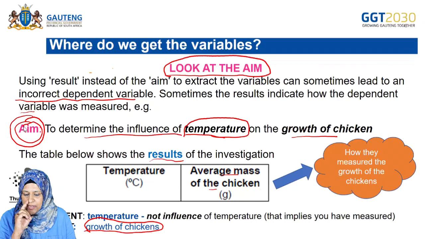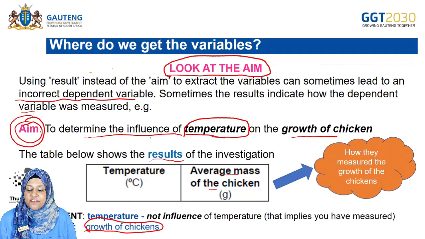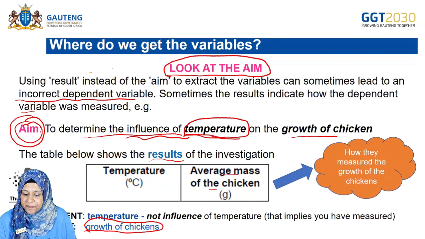The second thing I want to highlight is that you cannot say your independent variable is the influence of temperature. No, it's not the influence of temperature, because this could be a high amount or a low amount. We are looking purely at temperature on the growth of chickens.